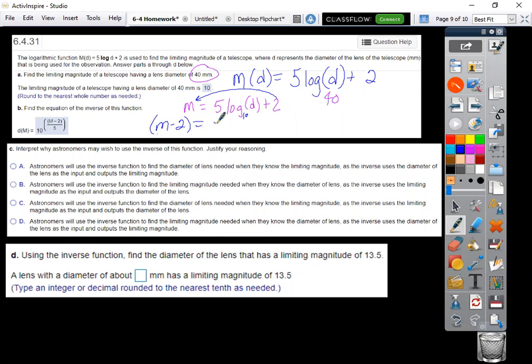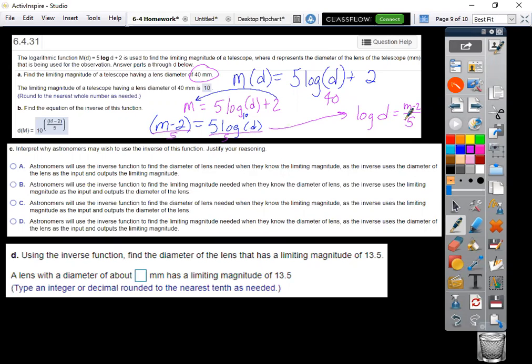So now we've got that equals the 5 log base 10 of d. Then divide by this 5 to get the log part all alone. So now I've got the log of the d equals that whole m minus 2 over 5.